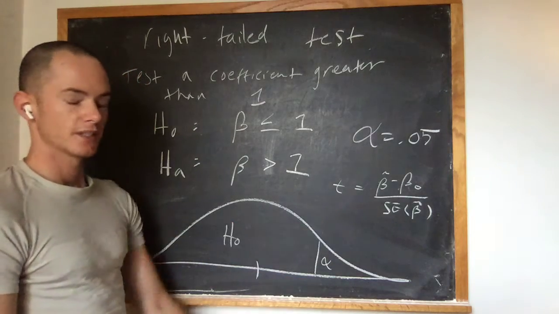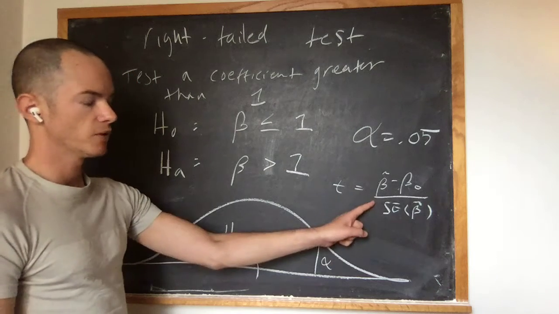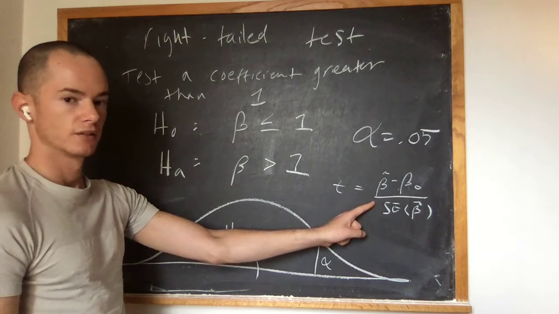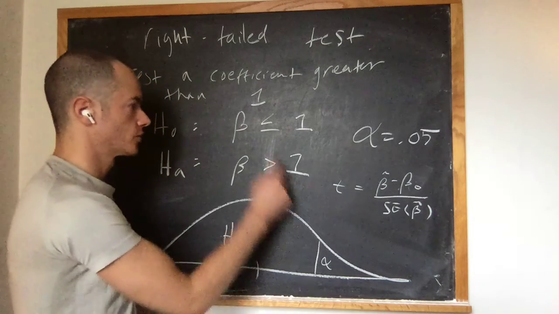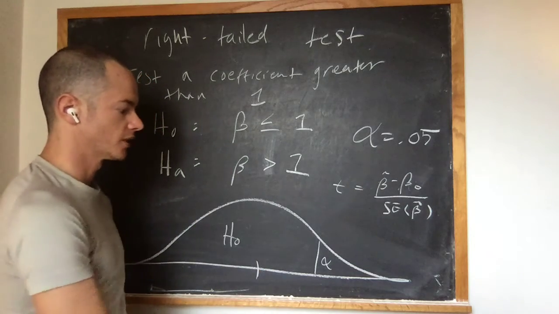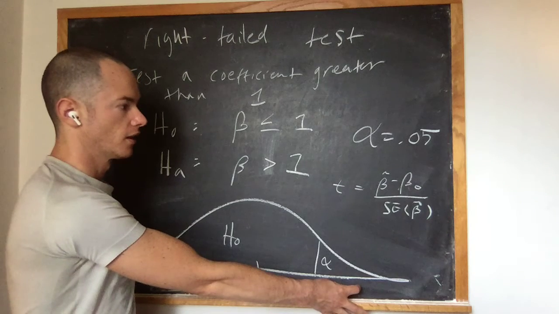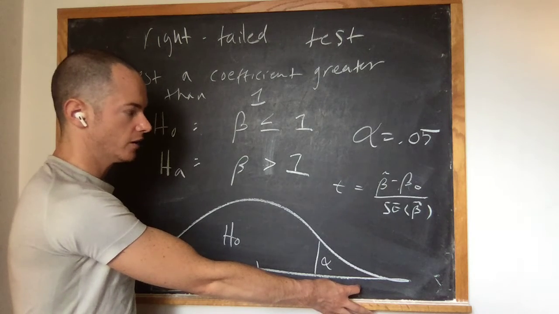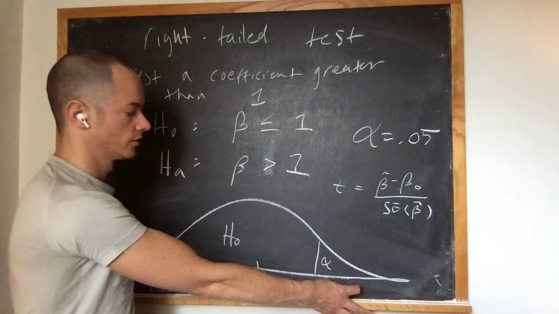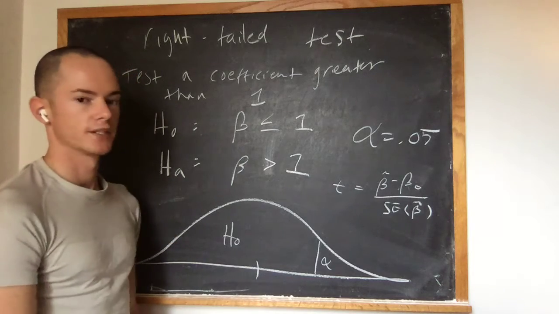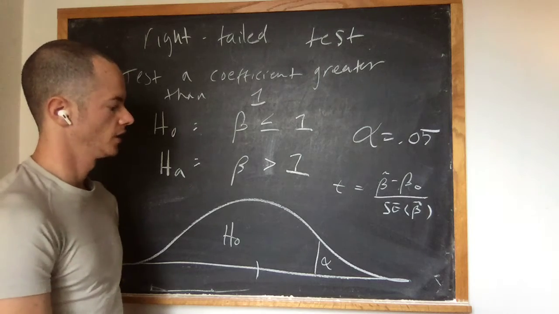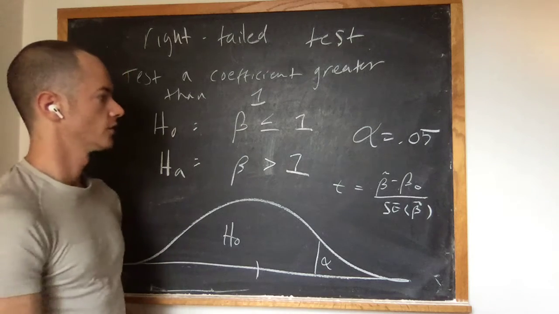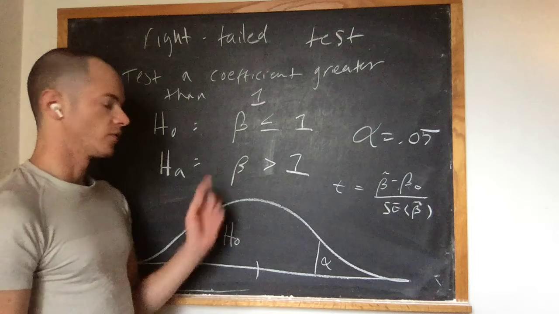Think about what this test statistic means. This is the number of standardized deviations. So we want to show that the number of standardized deviations is so large that the null hypothesis, that beta is less than or equal to 1, can't possibly be true, so that we reject the null hypothesis in favor of the alternative.